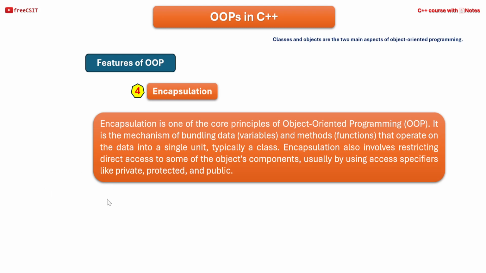I've already told you its definition, so I'm just changing the colors. Encapsulation is the mechanism of bundling data variables and methods, meaning functions that operate on the data, into a single unit, and both are operated in the single unit. So typically it can be called a class. Encapsulation also involves restricting direct access to some of the objects' components.